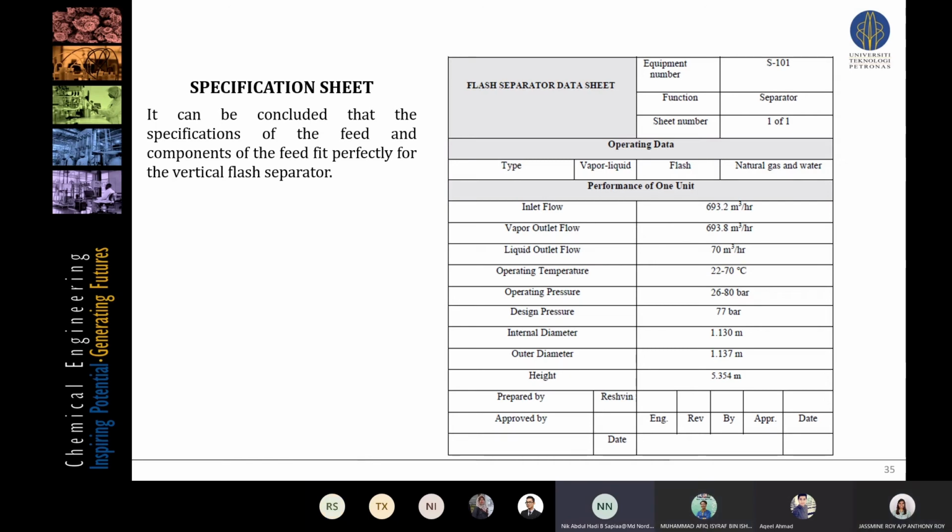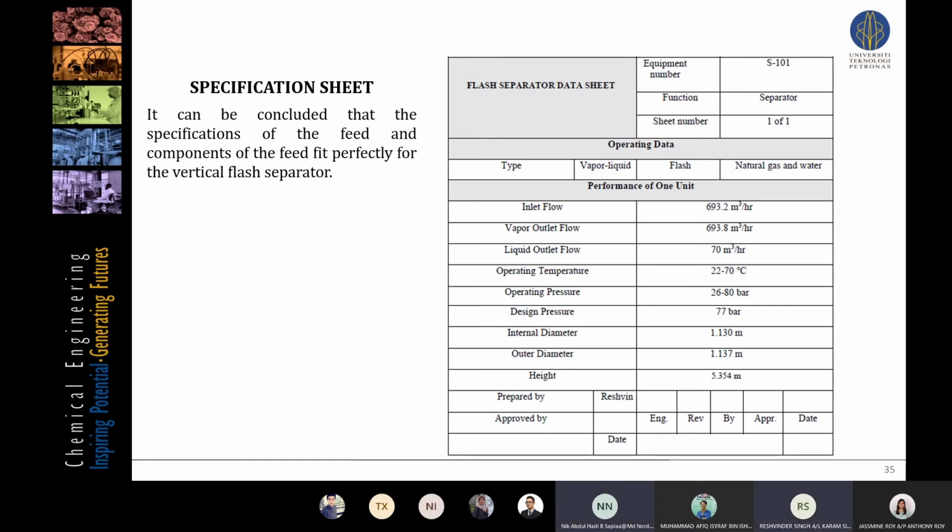What is the volume of your flash separator? Okay, try calculating first. The hold up volume was 2.33 meter cube. Your flash volume is 5.4 meter cube.